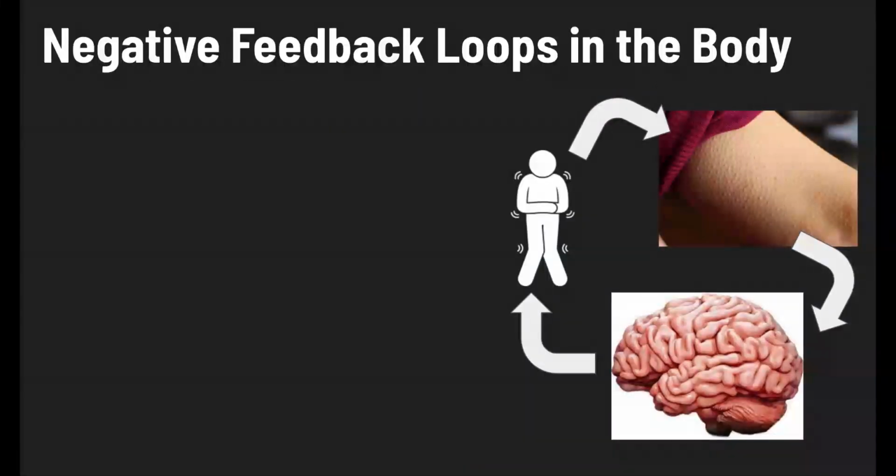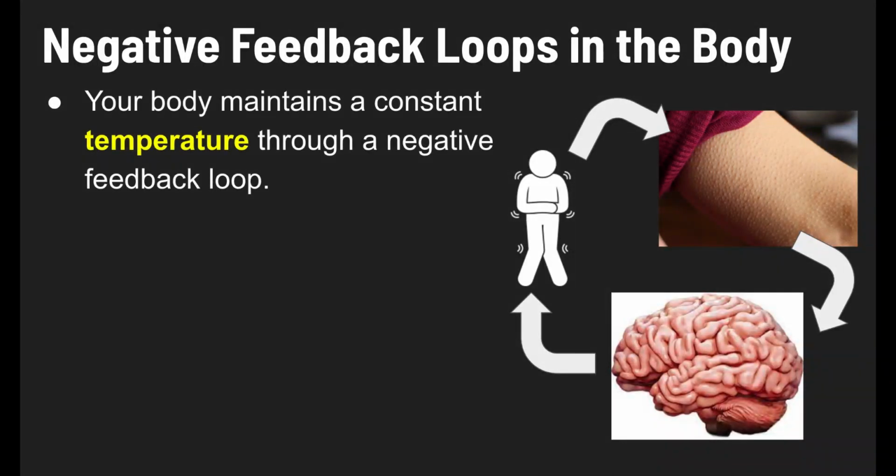Let me give you some examples here of negative feedback loops in the body. So your body maintains constant temperature through a negative feedback loop, actually. So in a previous video, I told you there are three components of a feedback loop. There's a sensor, a control center, and an effector.